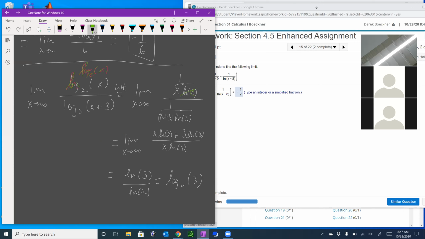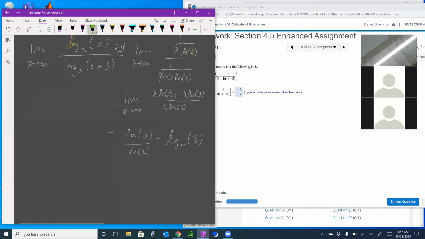Okay. Any last thoughts? Yeah. Change of base formula.